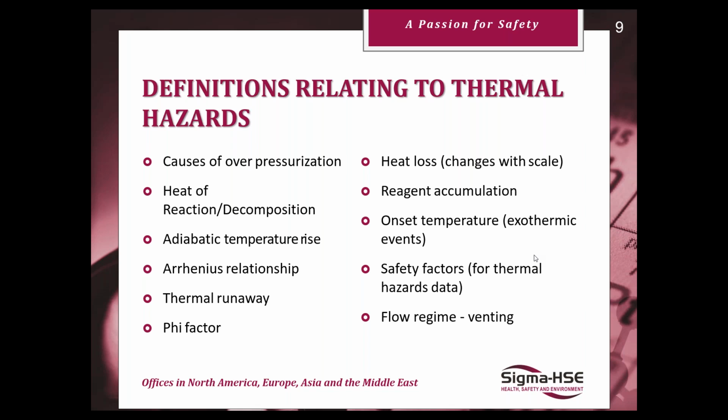Phi factor is again something important to understand: the difference between tests performed at small scale to large, and it's a correcting factor. Heat losses, again, are about how things translate from small scale to large. Reagent accumulation is a potential cause of thermal runaway as well.